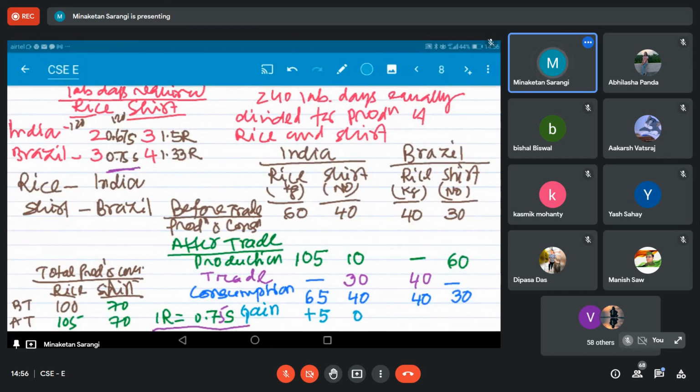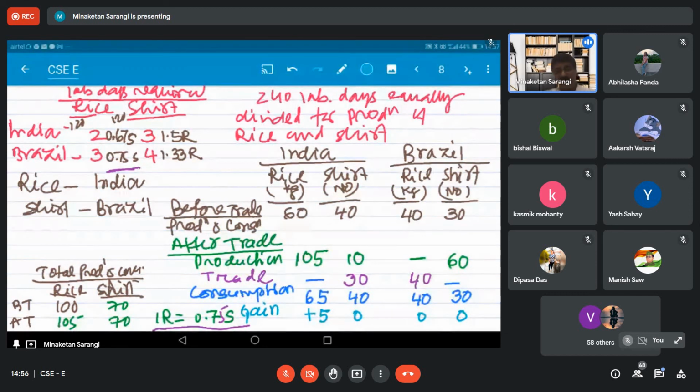For Brazil, this is 0 and this is 0. So in this example, if we take partial specialization and the rate of exchange between 1 kg of rice is equal to 0.7 or 0.75 sats, then we observe India is gaining while Brazil is not gaining out of the trade.